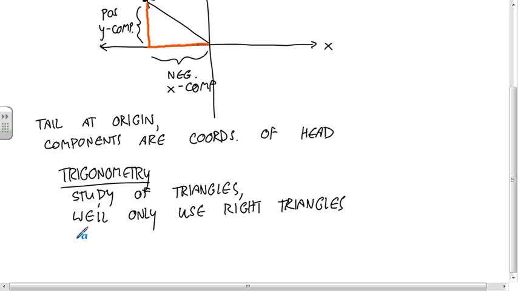And right triangles are triangles where one of the angles is 90 degrees. So for example, this triangle is not a right triangle. But this one is, okay?